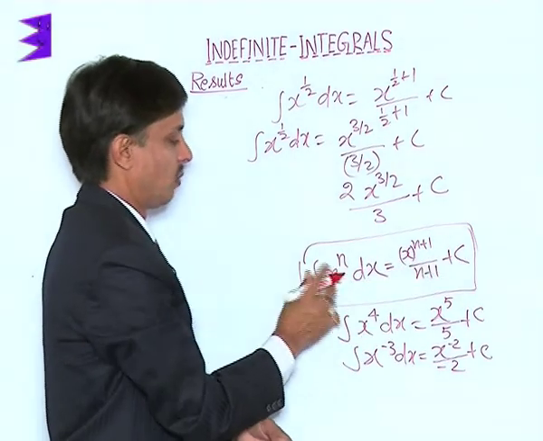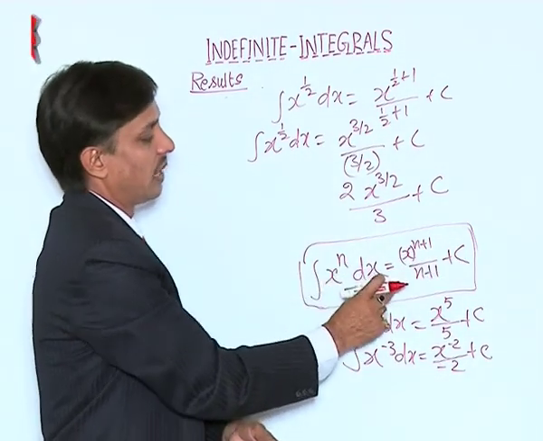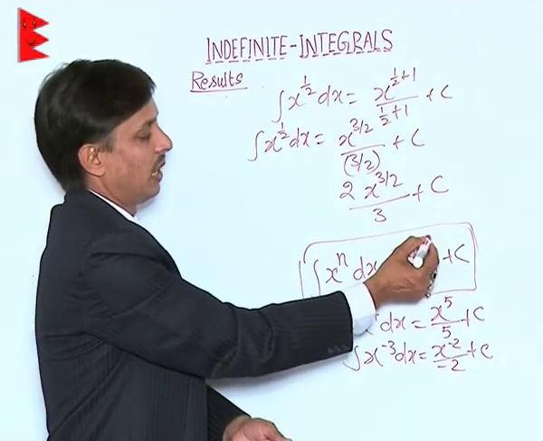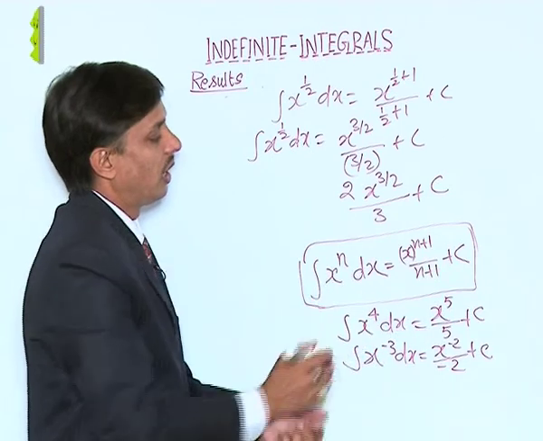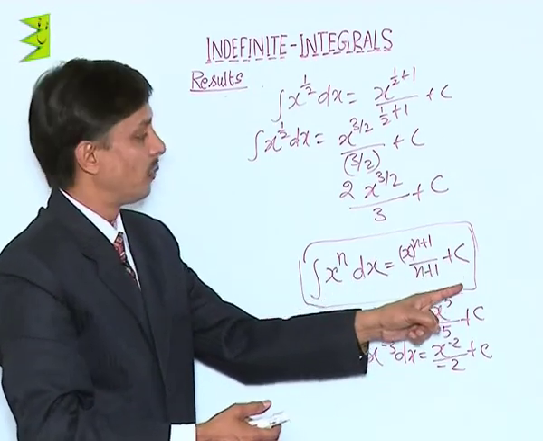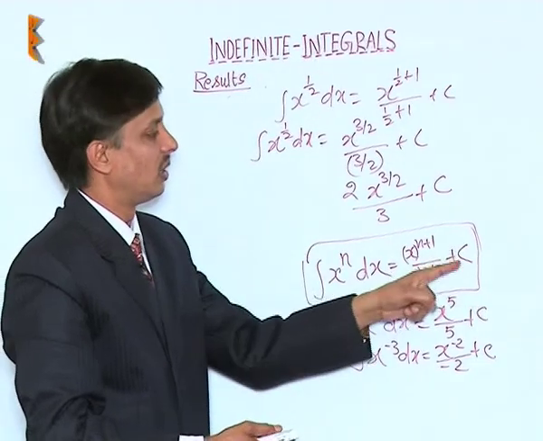By using the formula, the integration of x to the power n dx is x to the power n plus 1 upon n plus 1 plus the integrating constant, always used for the indefinite integral, which is c.